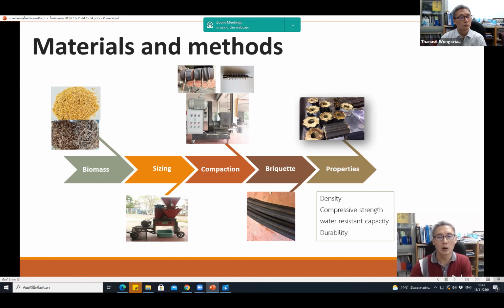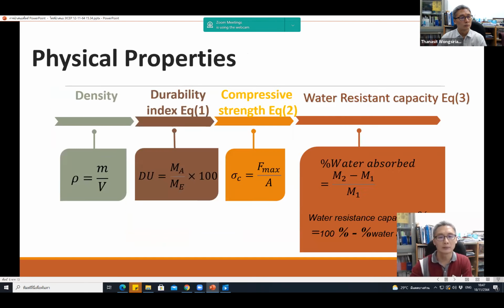Physical properties of the briquette were determined as follows: density, compressive strength, water resistance capacity, and durability. Density was determined using the weight per volume of the briquette. The briquette density was measured immediately after leaving the die, and the density was measured again after 30 minutes to 7 days.